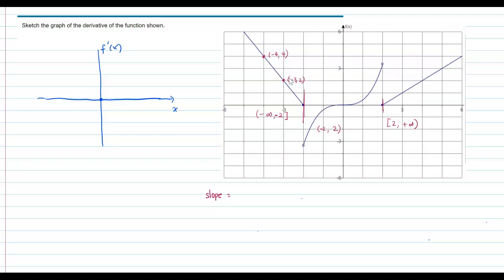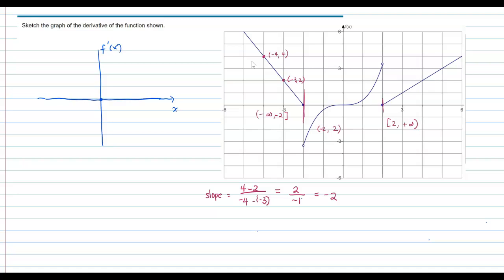So change in y, 4 minus 2, over change in x, negative 4 minus negative 3. That is equal to 2 over, this is negative 4 plus 3, so negative 1. So the answer is negative 2. So here we have the slope of our line is negative 2.